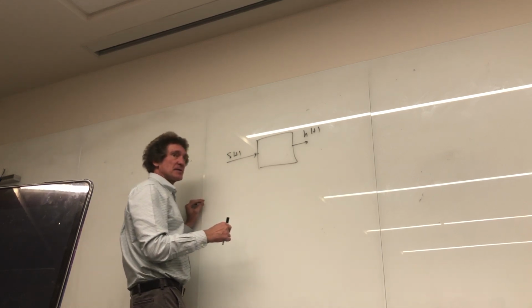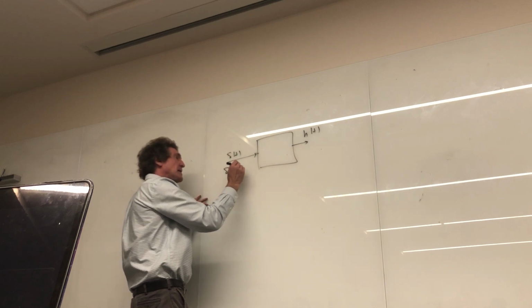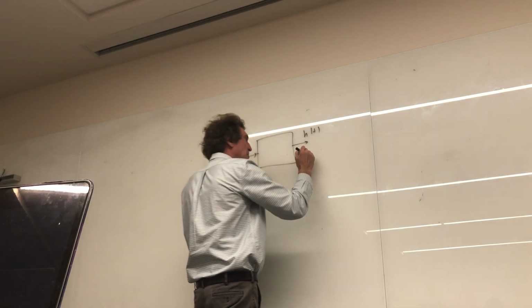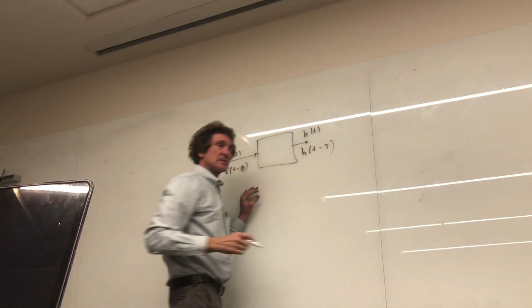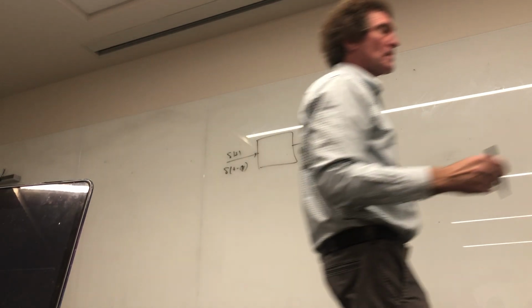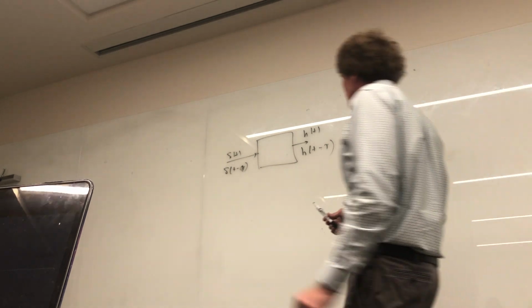Now, if you have this, it's also linear time invariant. So I have delta of t minus, make it tau here. My output would be h of t minus tau. Does that make sense to everybody? Right? Now, all right, I'll do it this way.